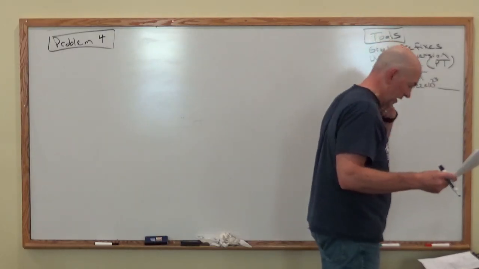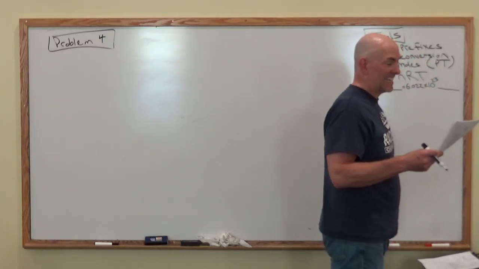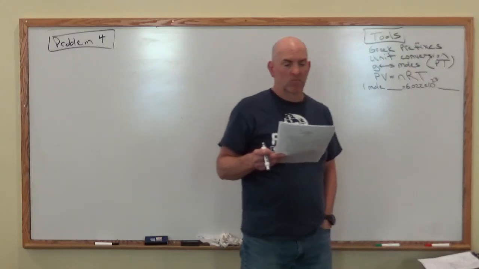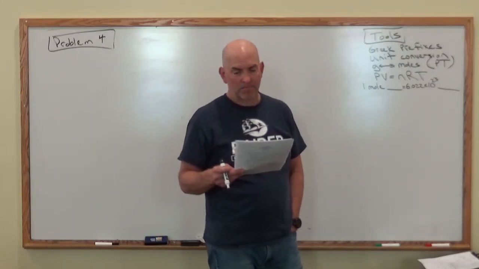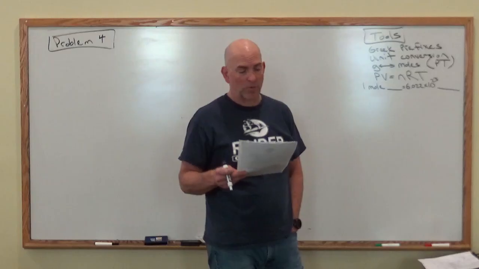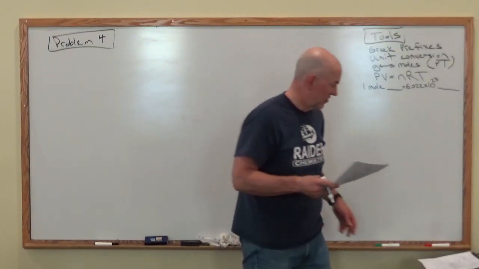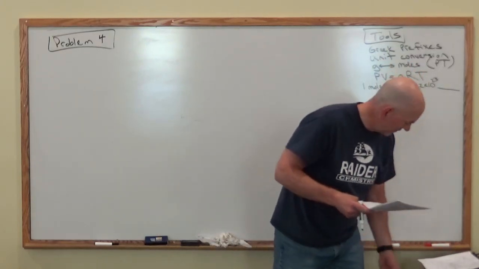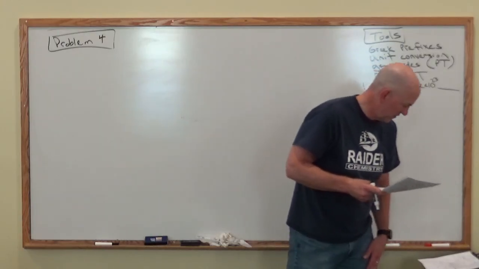So our temperature is 290 Kelvin. And then pressure is 1.04 atmospheres. So let's just start off with what we're given and figure out what makes the most sense to do first.